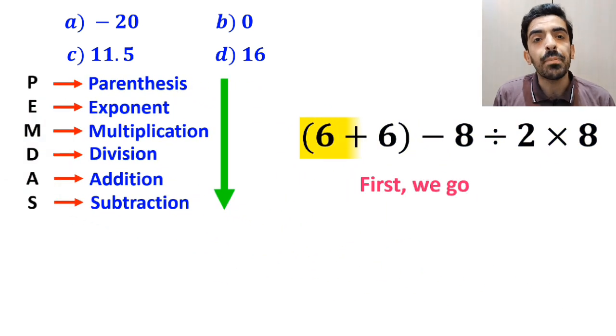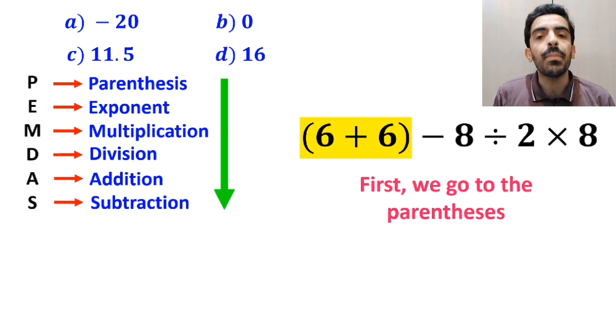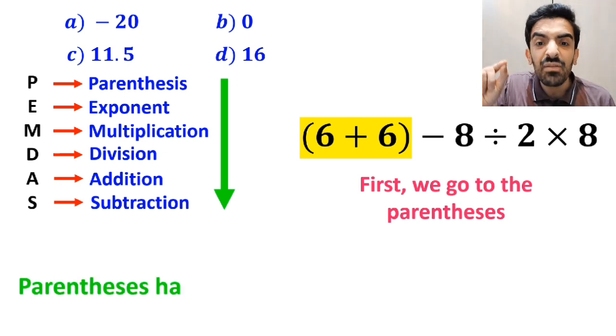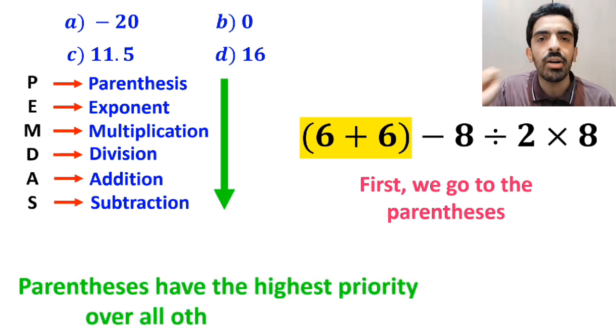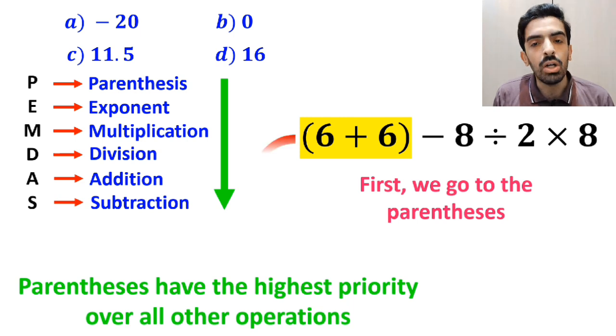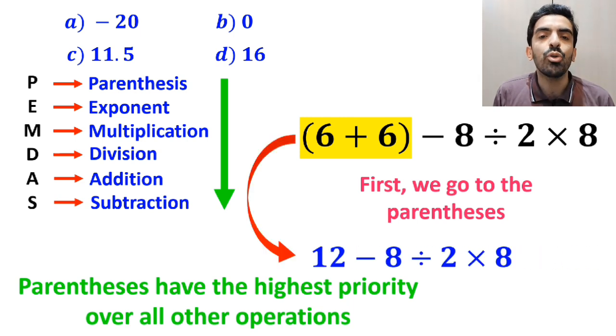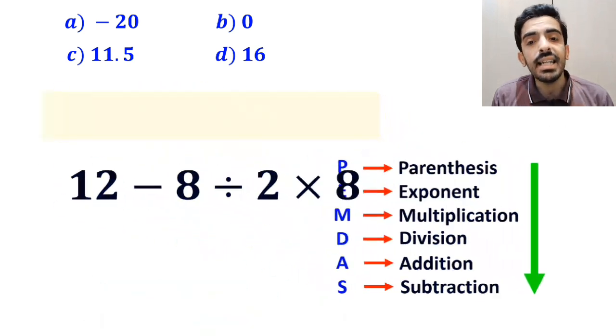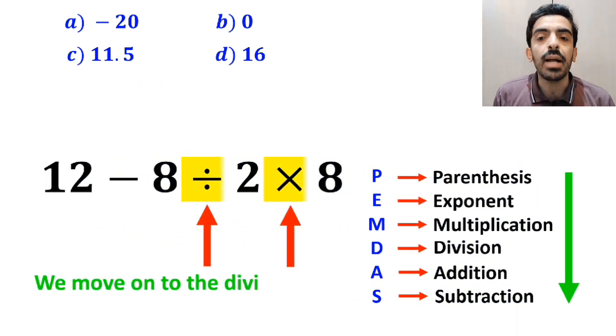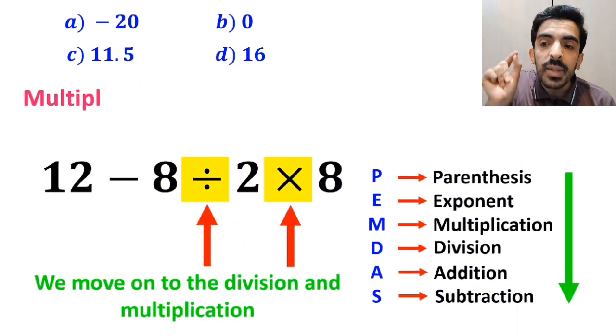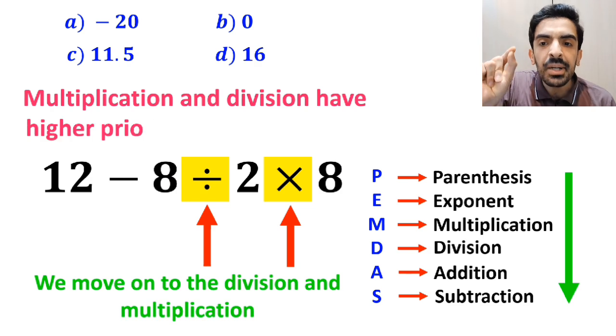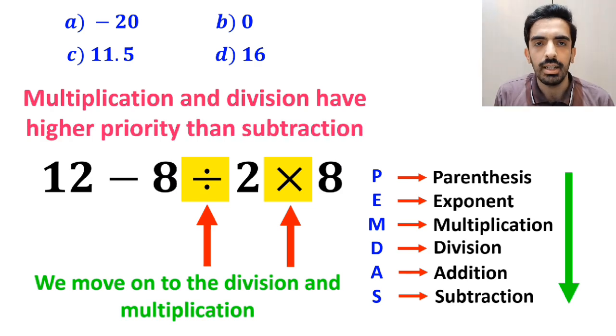Okay, first we go to the parentheses, because according to the PEMDAS rule, parentheses have the highest priority over all other operations. So, we can write this expression as 12 minus 8 divided by 2 times 8. In the next step, we move on to the division and multiplication, because multiplication and division have higher priority than subtraction.